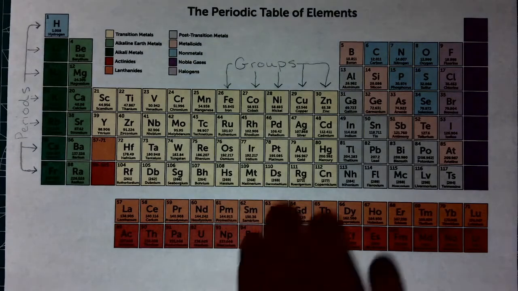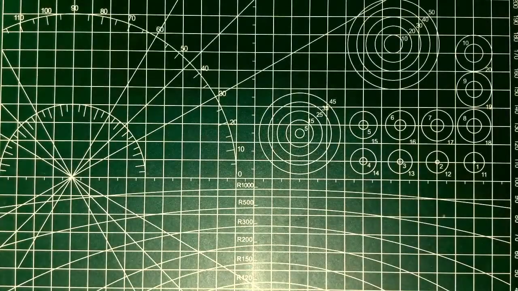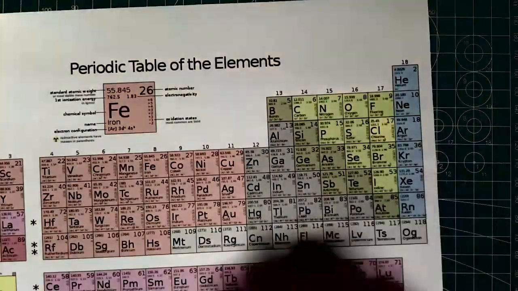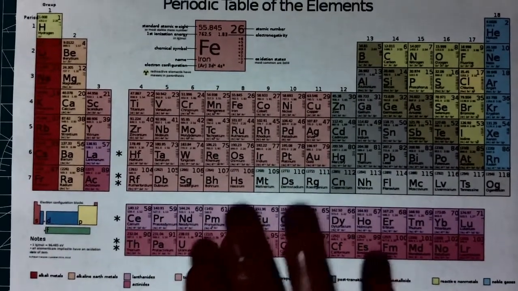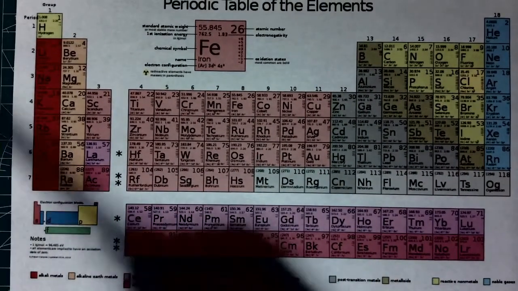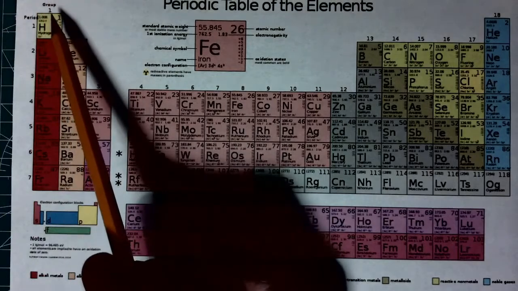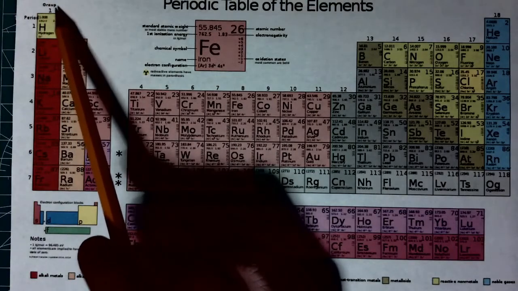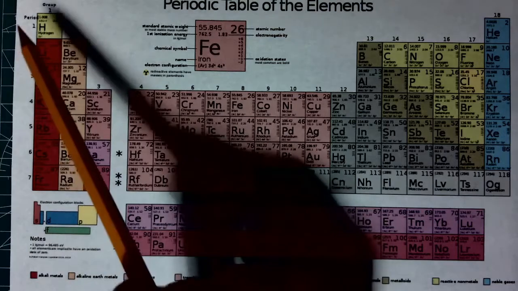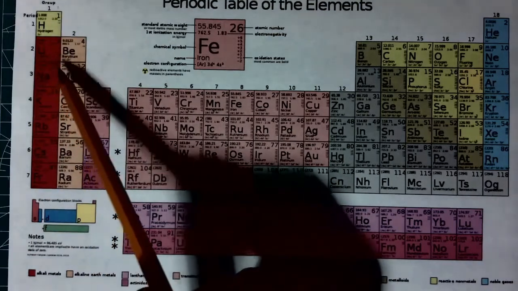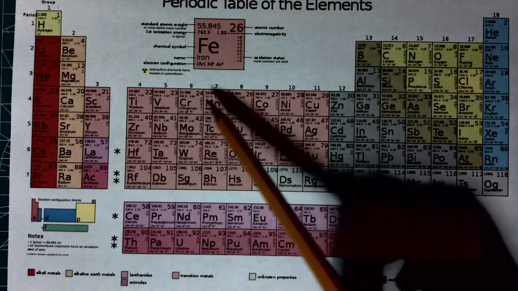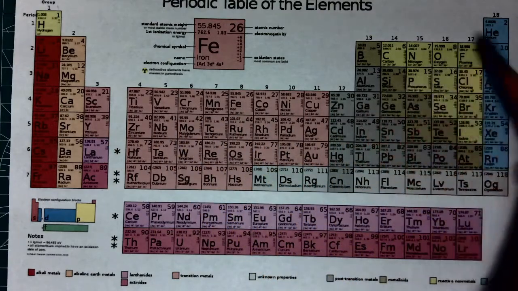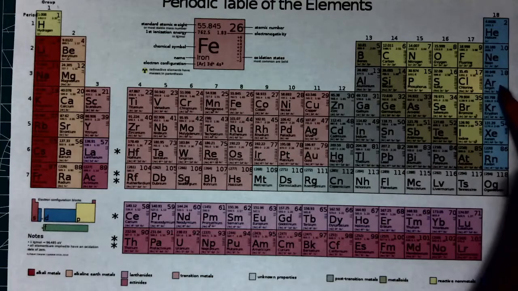Now, I want to show you a slightly different one than the one that you're going to see in the homework. In this one, we can see that it is numbered, and each one of these numbers corresponds to a specific group. So we have group 1, group 2, group 3, group 4, group 5, and so on, all the way up to 18.